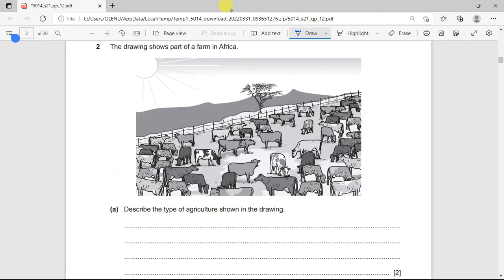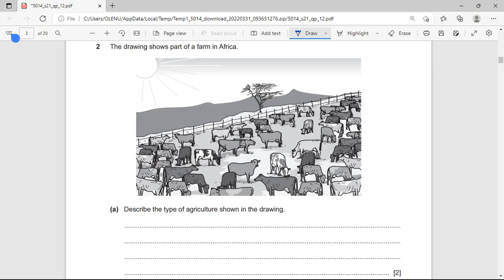Now here we have, the diagram shows part of a farm in Africa. Now they say describe the type of agriculture shown. So this is pastoral farming, which is the cultivation of animals. That's just it. So pastoral livestock farming, cultivation of animals.